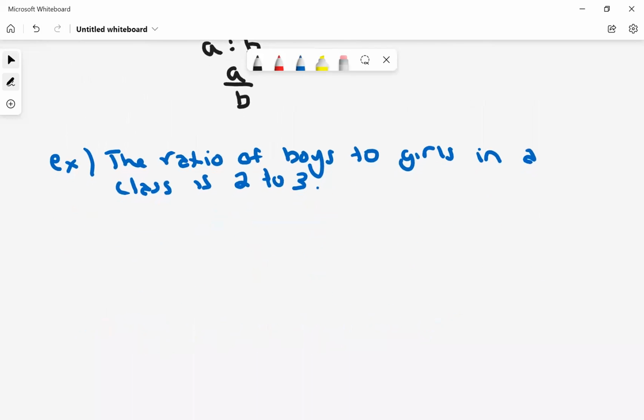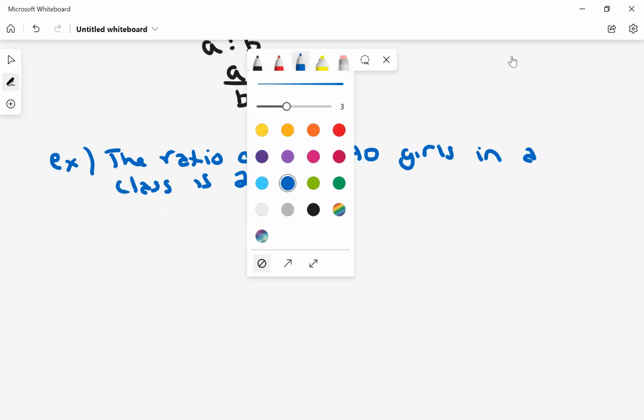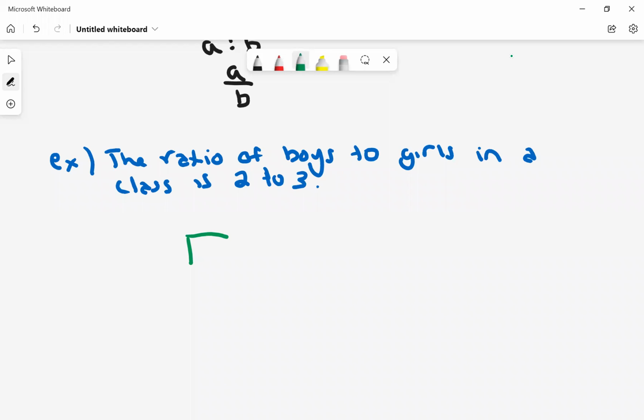Now, visually, what this means is that when we're saying the ratio of boys to girls is 2 to 3, that means if you have 2 boys, let's say we have 2 boys right here, and then 3 girls.